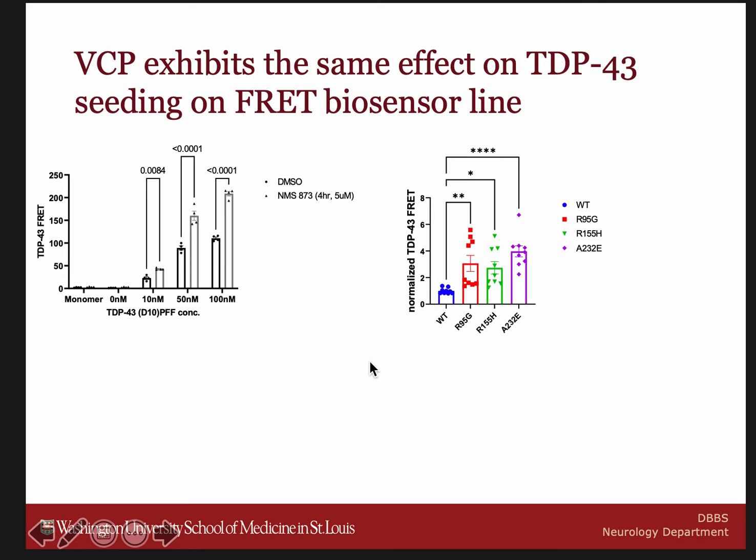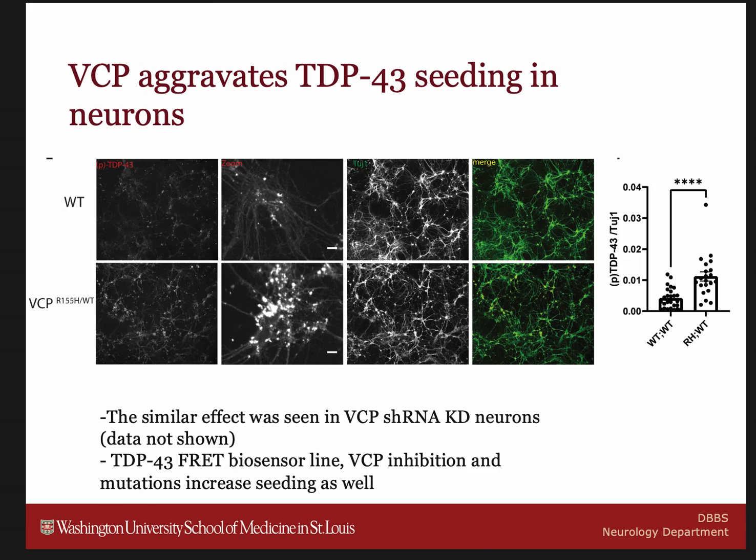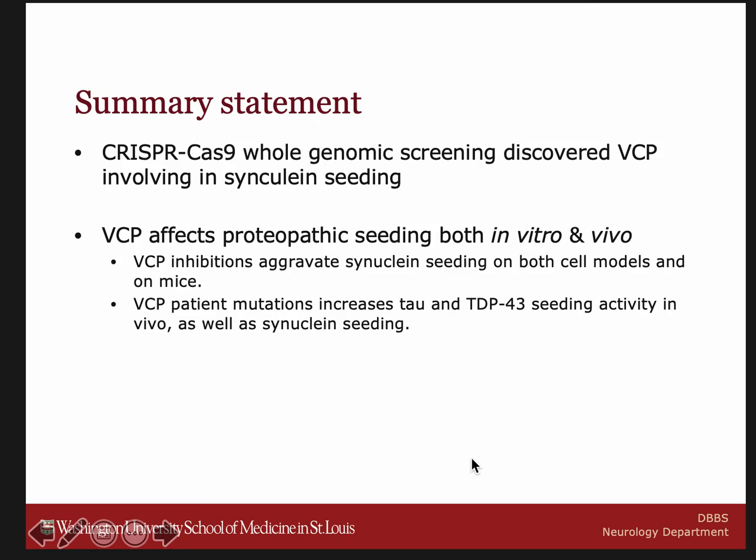These effects were also found in tau seeding as well. The data is shown over here. Also, we repeated these results for TDP43 seeding in hippocampal neuron culture, and we found similar effects over here. You can see VCP disease mutations generate more aggregates compared with the wild-type control.